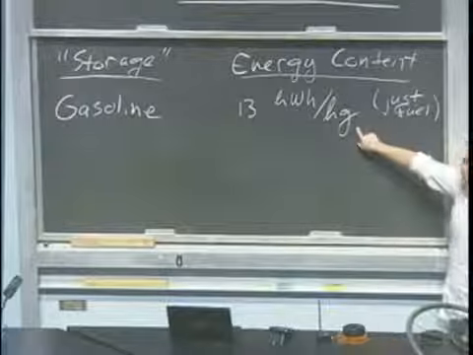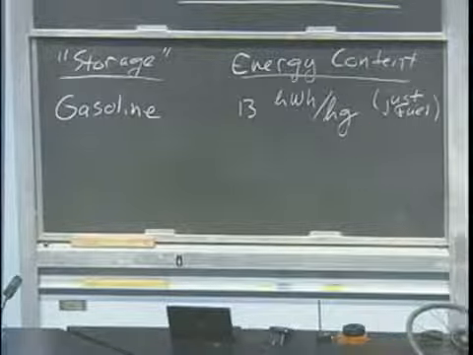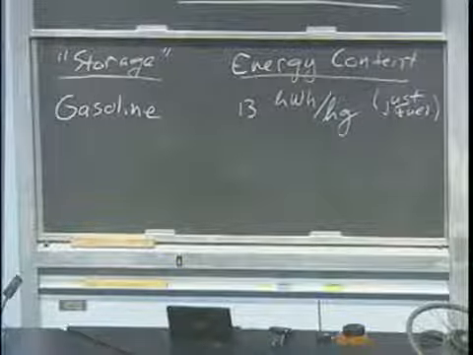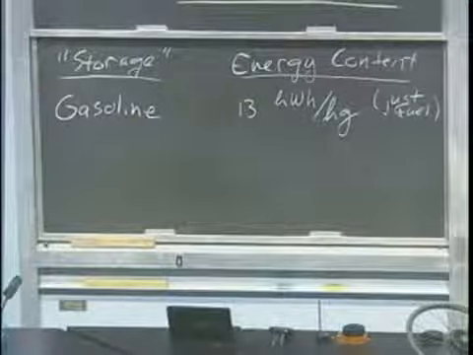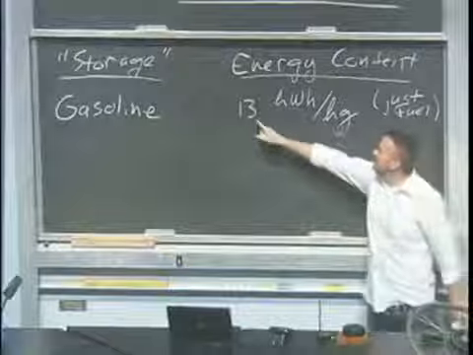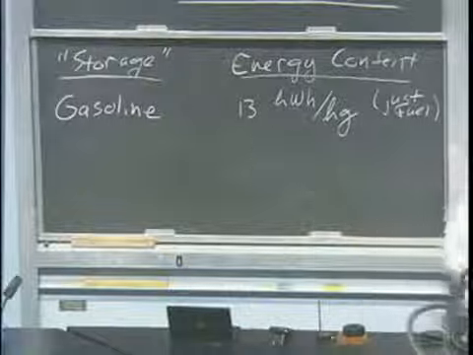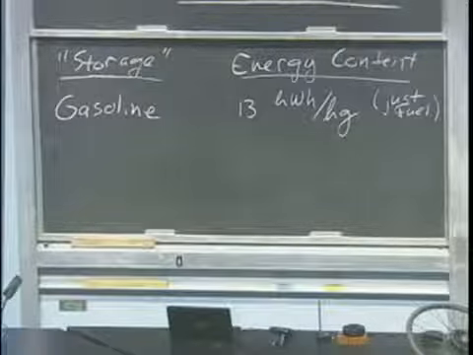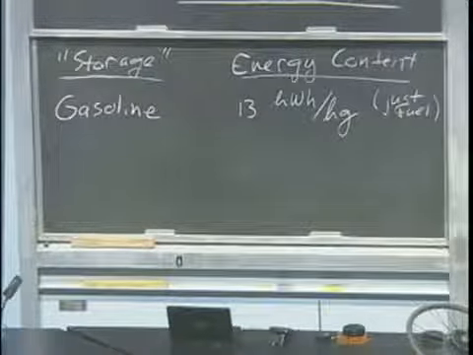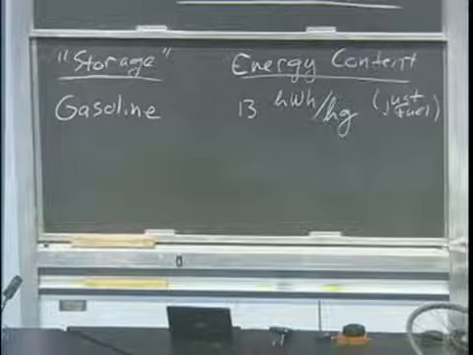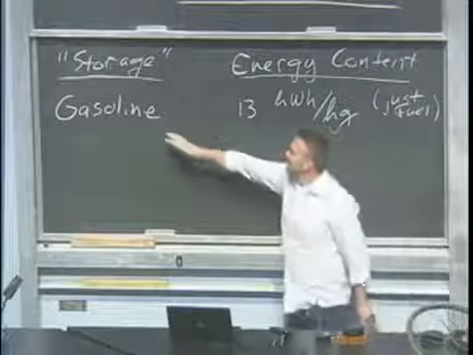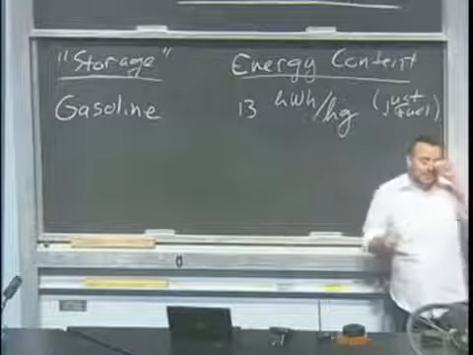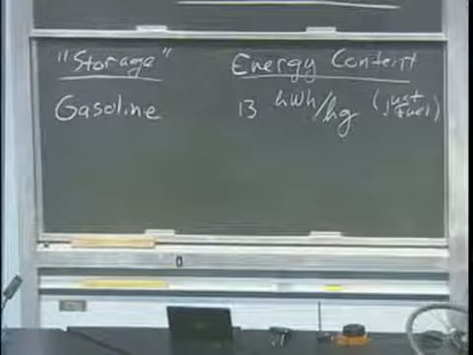So a kilogram, not such a common unit, but there are about 3 kilograms in each gallon of gas. So for a gallon of gas, you would multiply that by about a factor of 3. Okay? So there's closer to 40 kilowatt hours per gallon. Okay, this is looking completely at the gasoline as a way of storing the energy. Okay? And we get that out by burning it.